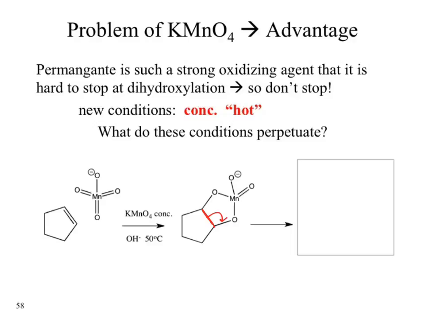What happens to the oxygen now? It has too many electrons, so we have to kick electrons out, which can go to the permanganate. The manganate ion now has too many electrons, so it can kick electrons out as well. The net result is that we now have, in this case, a dialdehyde, or a dicarbonyl.